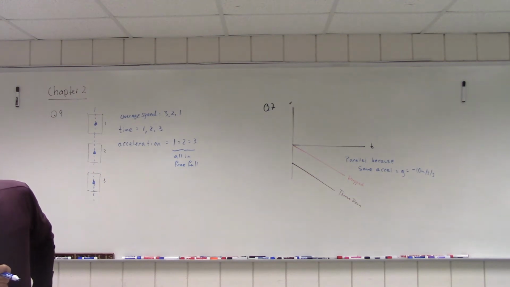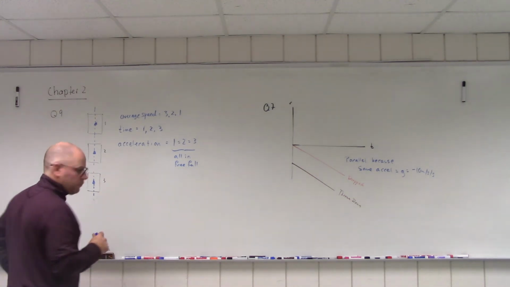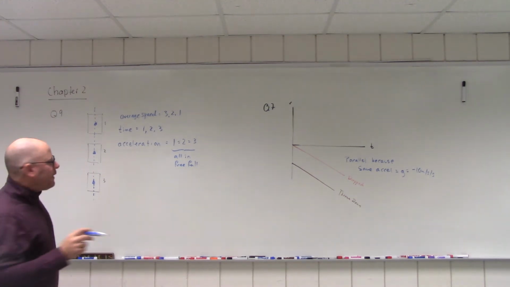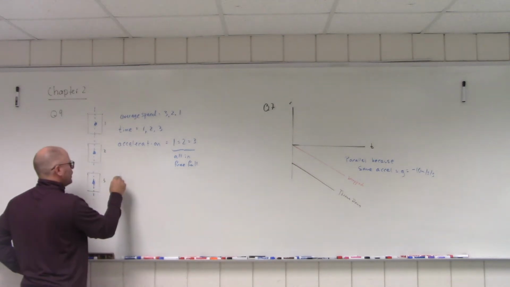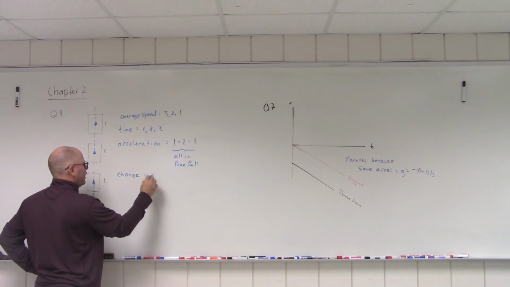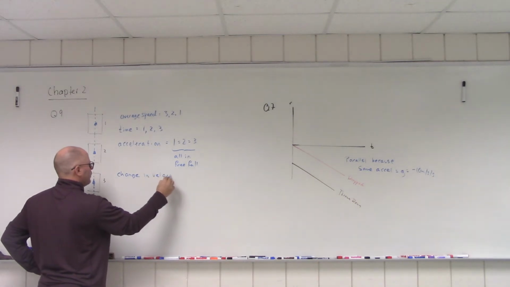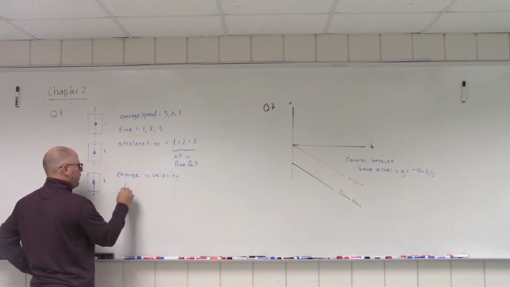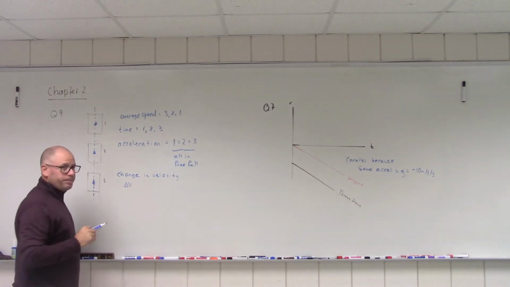And the last one, D, says, what about the change in velocity? Which one has the largest change in velocity? Well, we're going to represent change in velocity by delta v.